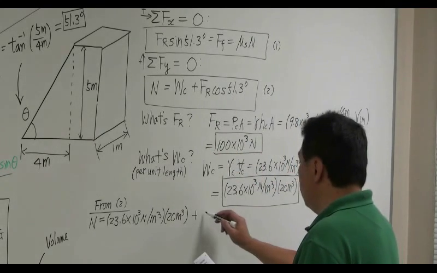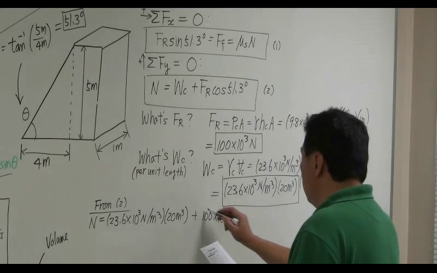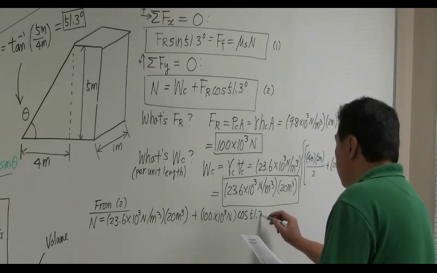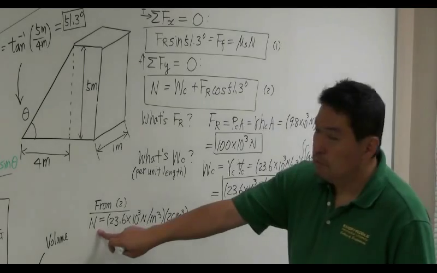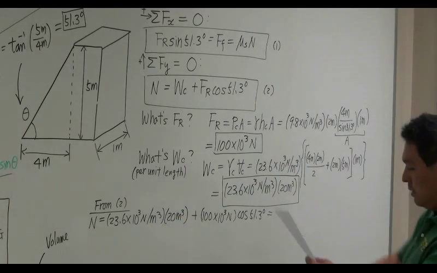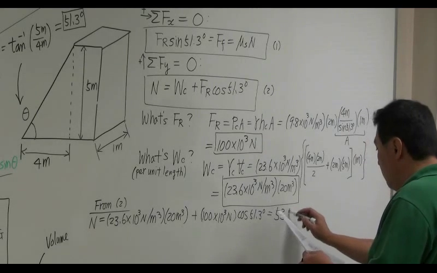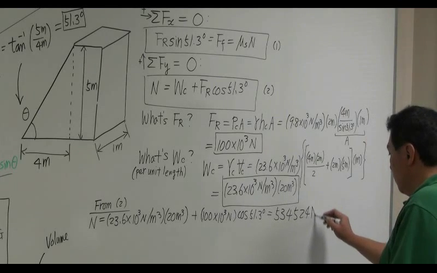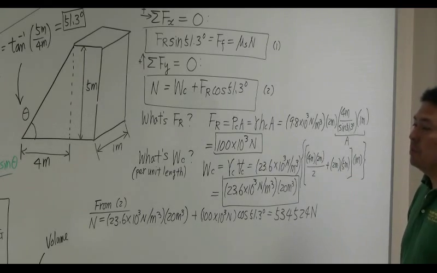Plus Fr, which is 100 times 10 to the 3 Newton, cosine 51.3 degrees. This is going to get you amount of normal reaction force in newtons. If you punch those numbers in, you're going to get 534,524 newtons. It's a huge value. So this is a normal reaction force.